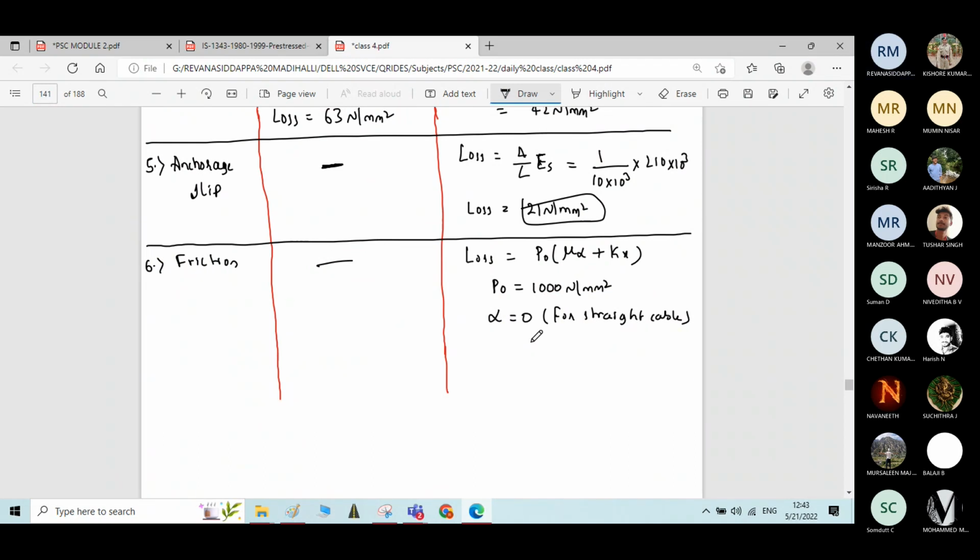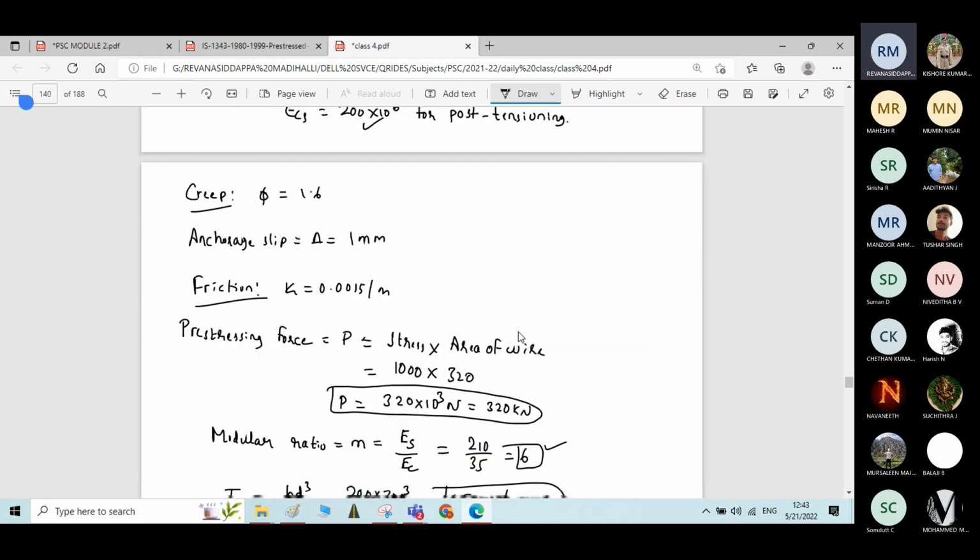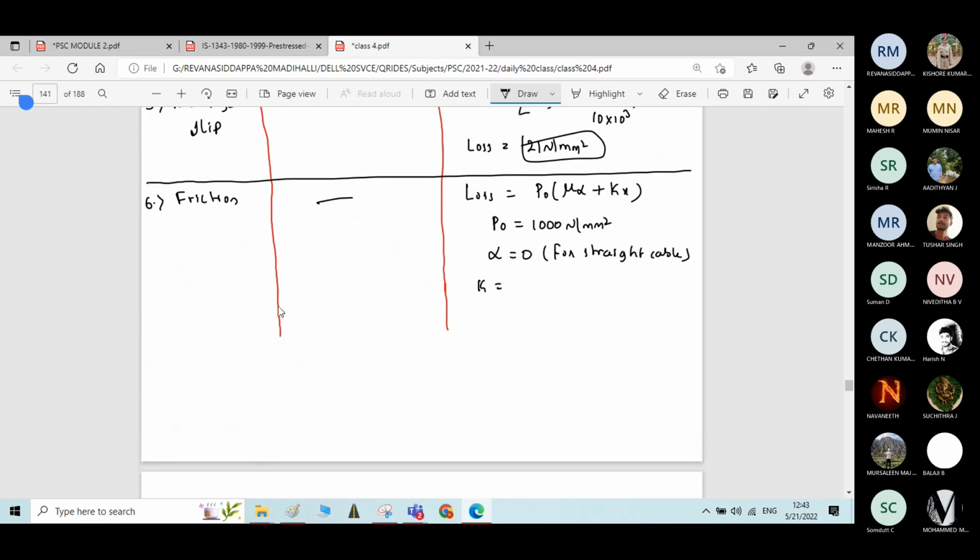K is given as 0.0015 per meter, and X is nothing but the length of the beam, 10 meter. In terms of meter, you need to substitute. Therefore loss is equal to P naught, 1000, into mu alpha.